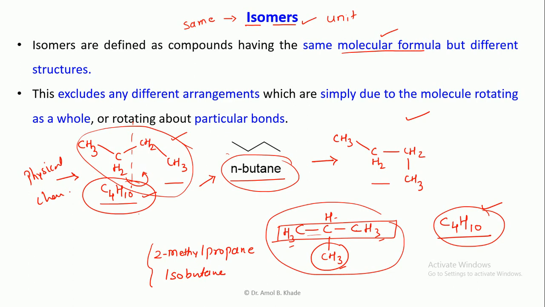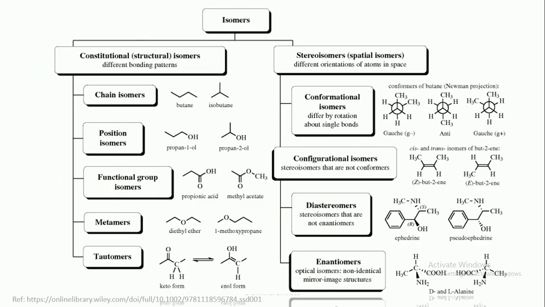There are different types of isomers available in organic chemistry. We will consider examples for better understanding, and see how isomers can be classified. You can classify isomers mainly into two categories.